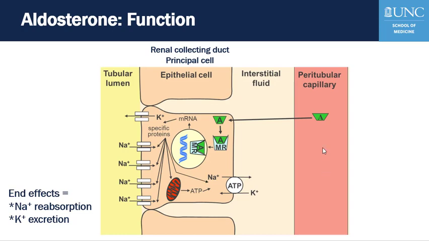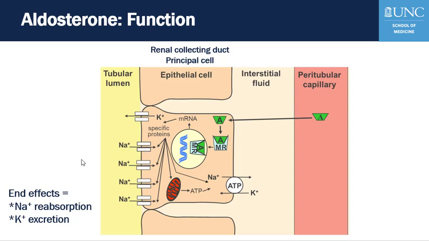Once aldosterone is produced, its main function occurs within the renal collecting duct, primarily in the principal cells, which are aldosterone's main target cells. So aldosterone, being a steroid hormone, enters the target cell, binds with its receptor, and once the hormone binds its receptor, it induces increases in specific gene transcription, and the end result is an upregulation of channels and processes that allow for reabsorption of sodium from the tubular fluid.